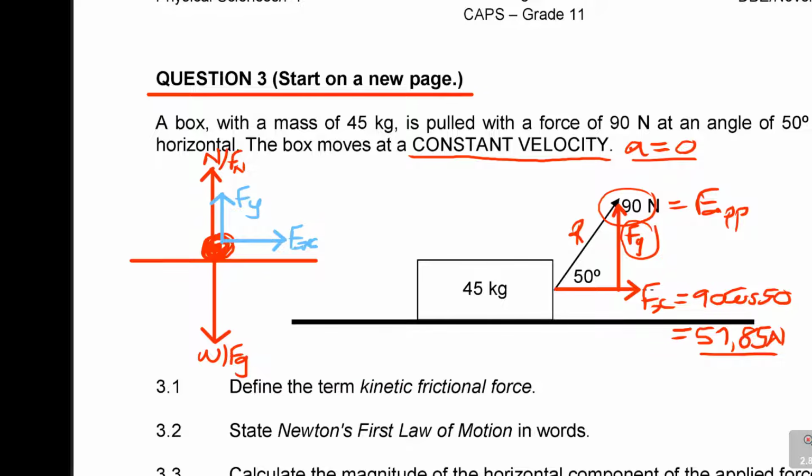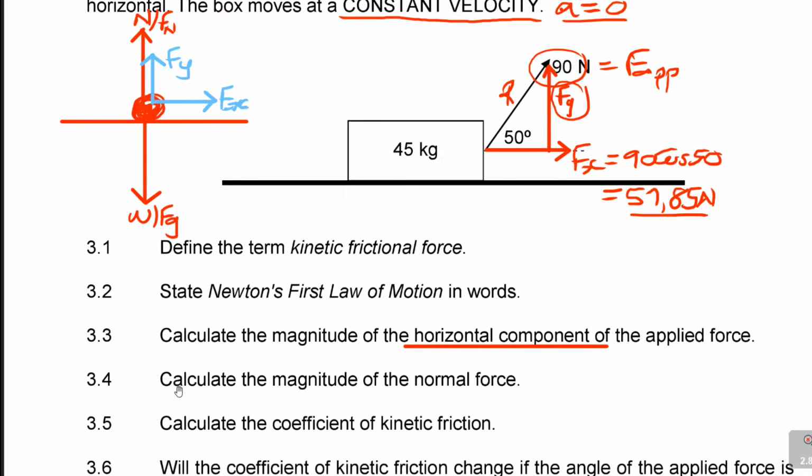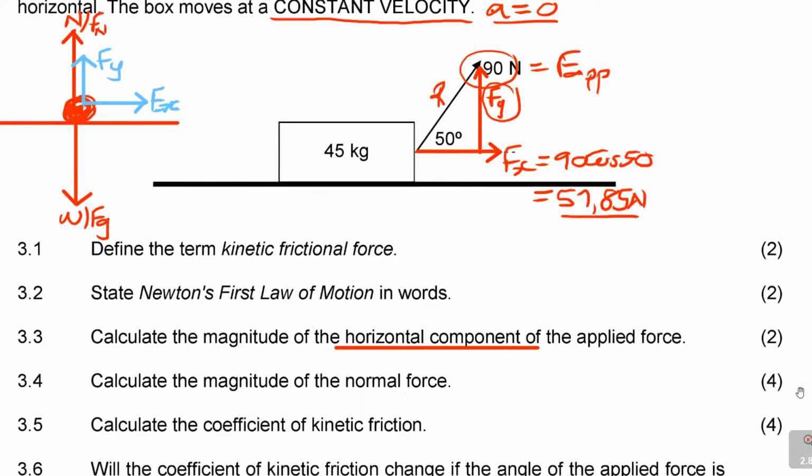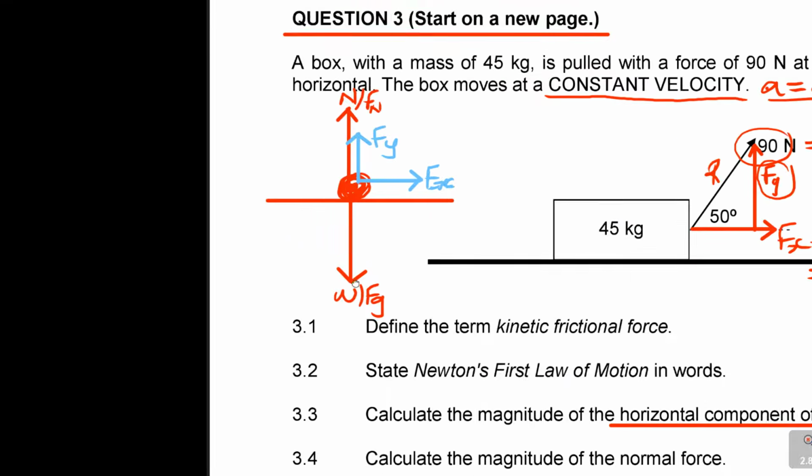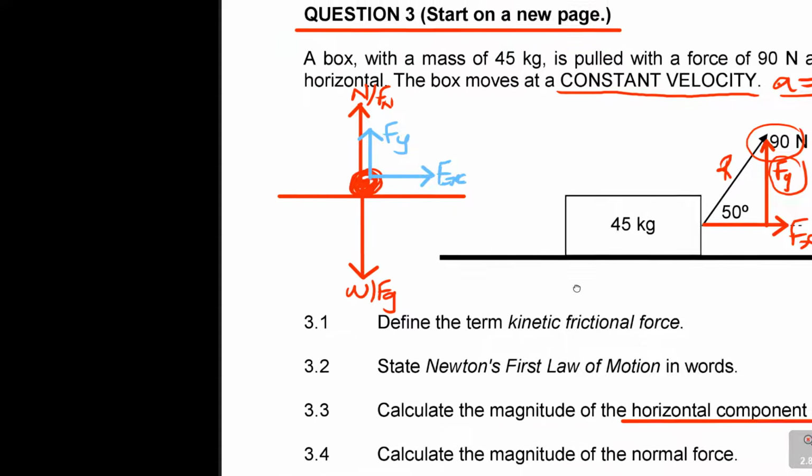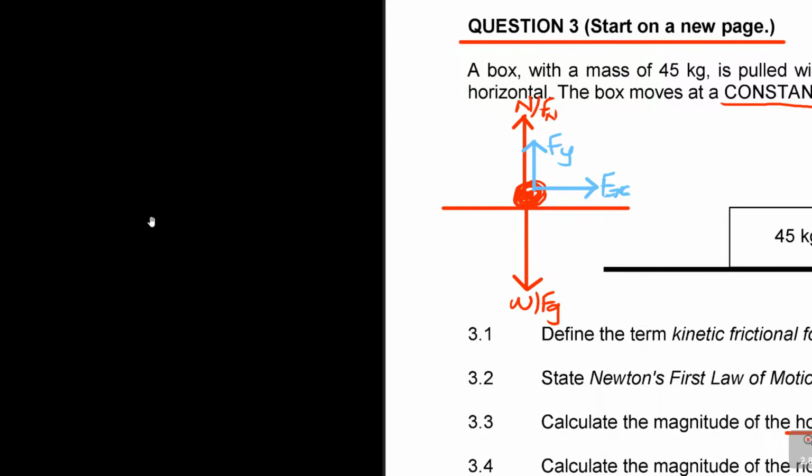So whenever they are talking about the magnitude of the normal force, the reason why they wanted the 4 marks is because of the Fy that is hidden. So it's your duty now to resolve the forces, to say if you are resolving these vertically. What am I trying to say?